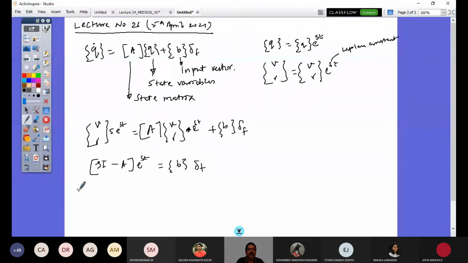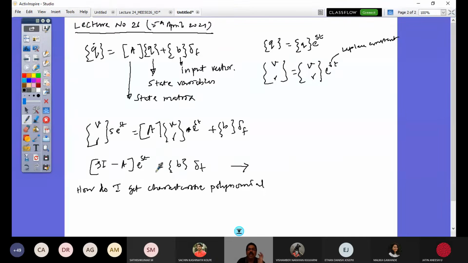How do I get the characteristic polynomial? Why do I want it? When I say it's a polynomial, it is not a differential equation. So if I have my characteristic polynomial, I can represent this equation in this form.